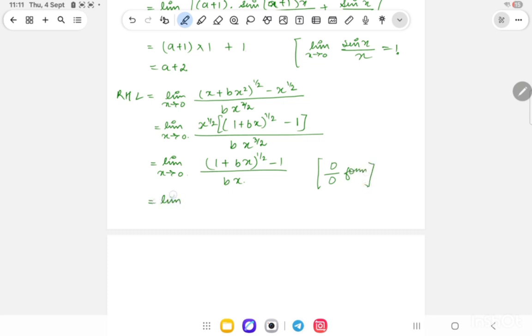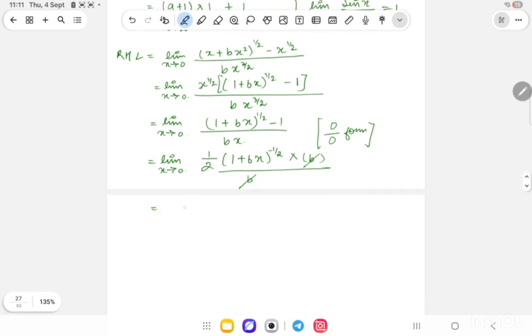Using L'Hopital's rule, I get 1 by 2 times (1 plus bx) raised to minus 1 by 2 into b, upon b. This b balances out, so I got my limit as the limit as x approaches 0 of 1 upon 2 times (1 plus b x) raised to 1 by 2.